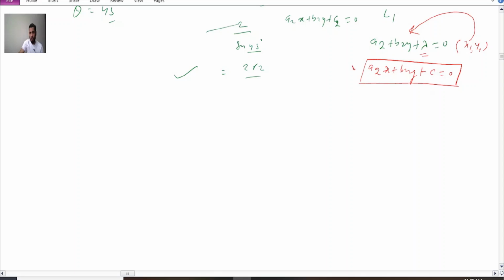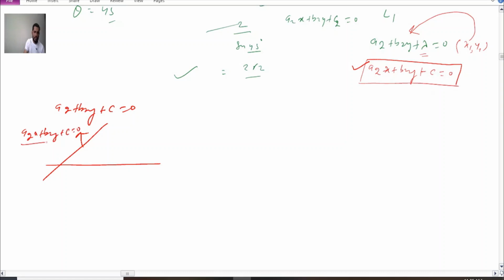This one is a known line, a2x plus b2y plus c equal to 0. This is our known line, obtained from L2, which is a2x plus b2y plus c2.